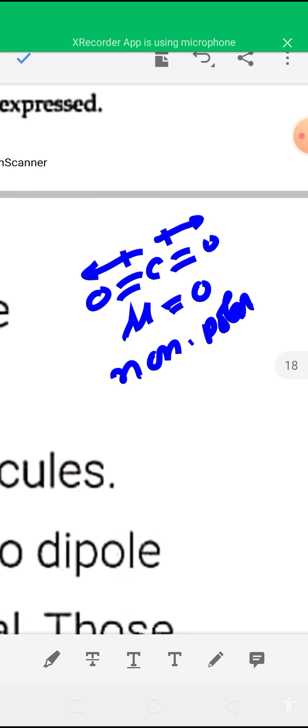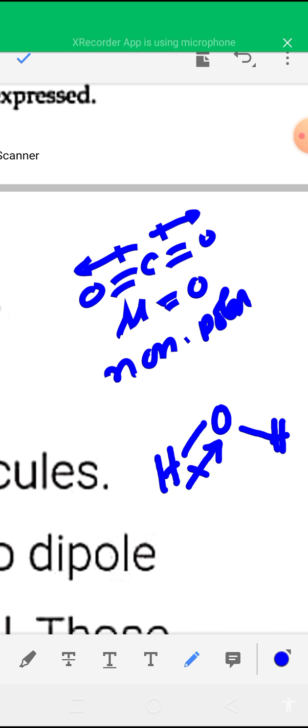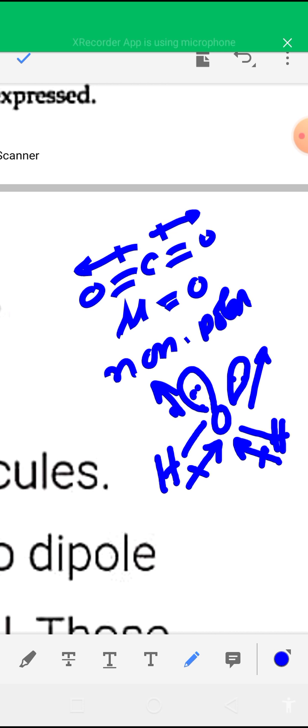Remember this. For example, in water, hydrogen, oxygen, hydrogen. Each oxygen-hydrogen bond movement is in this direction, hydrogen to oxygen. And in water, oxygen has two lone pairs, so the lone pair movement is always in the outside direction.